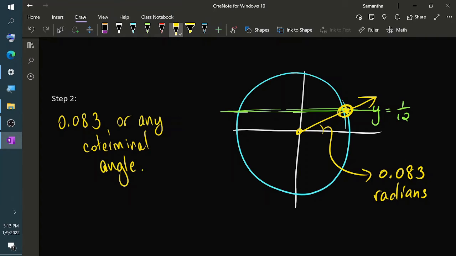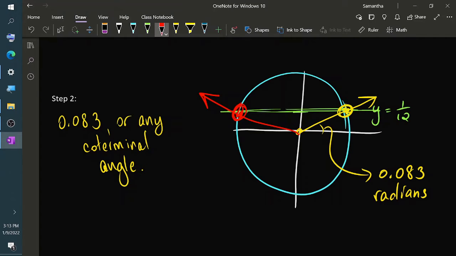So these are, roughly speaking, half of the solutions so far. The other half of the solutions would correspond to this other location on the far left side of the unit circle, where the y-coordinate is also equal to 1/12, only the x-coordinate is different on the left side.